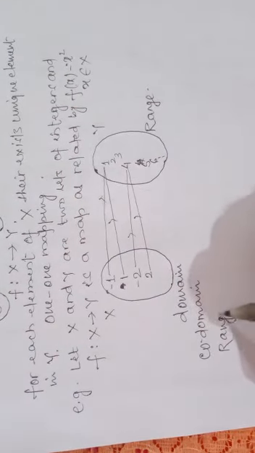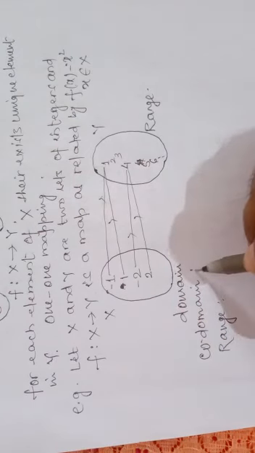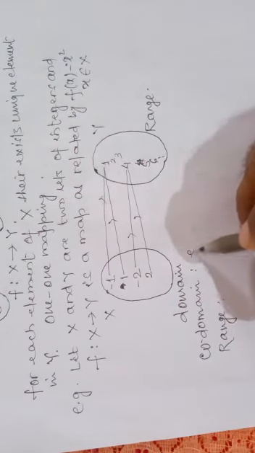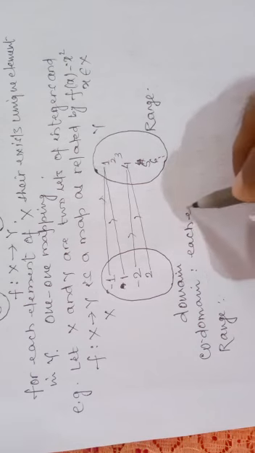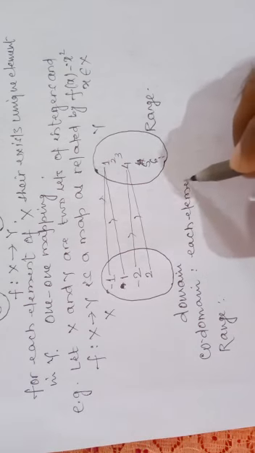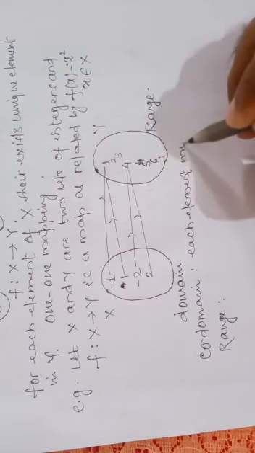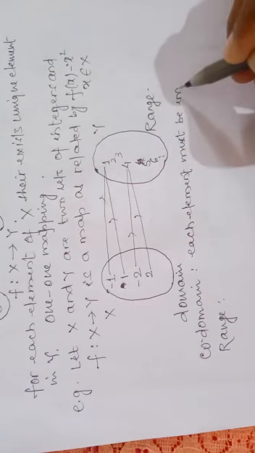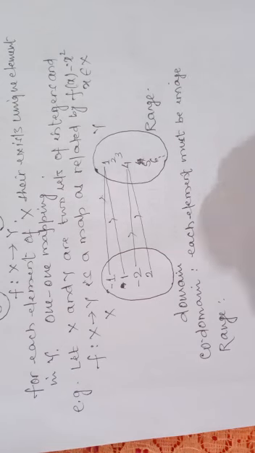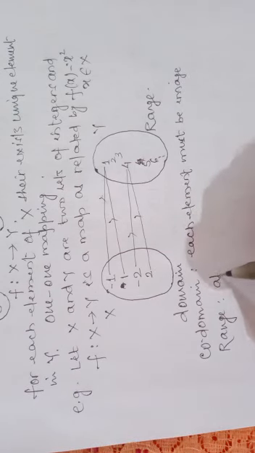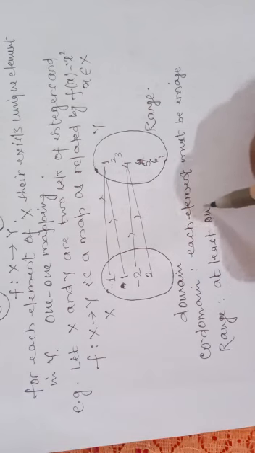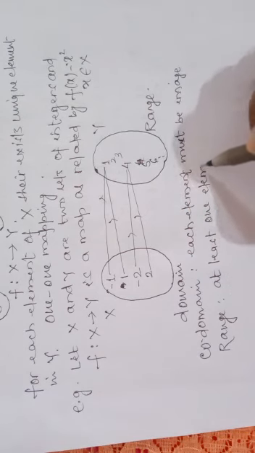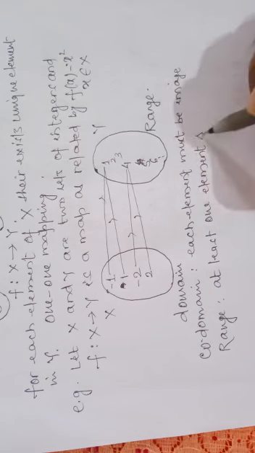Let us clear it one more time. Codomain means each element must be an image, and range means at least one element should not be an image.